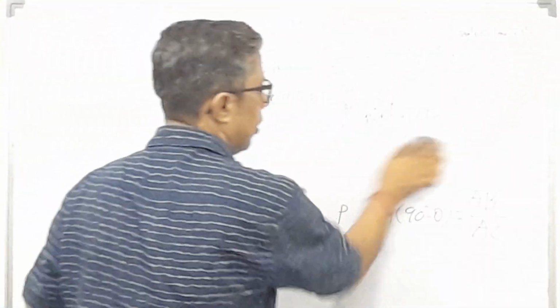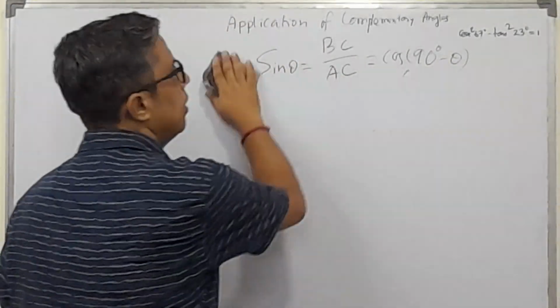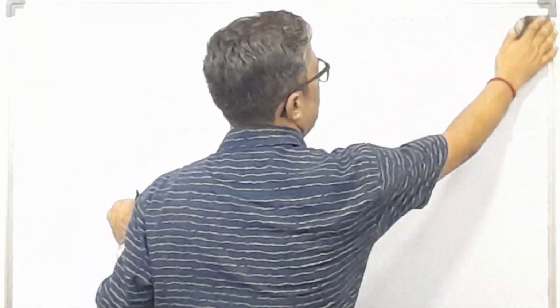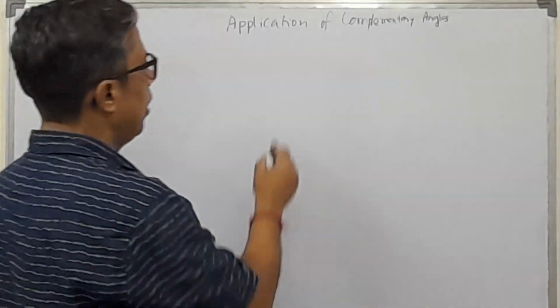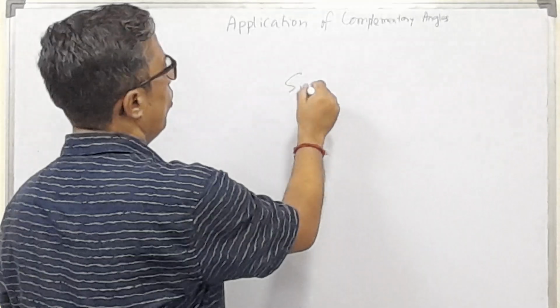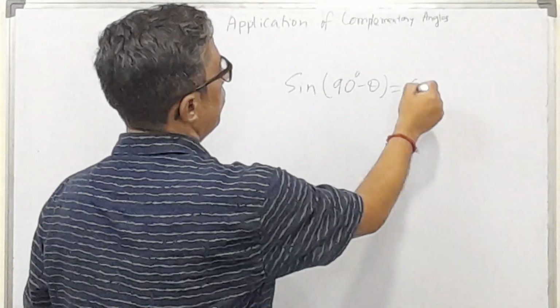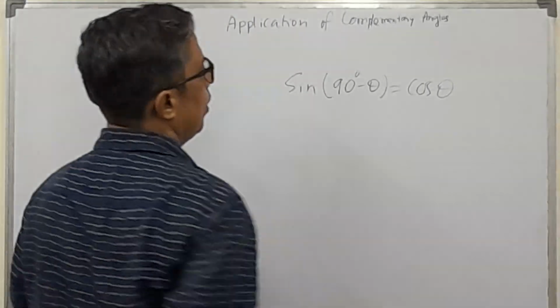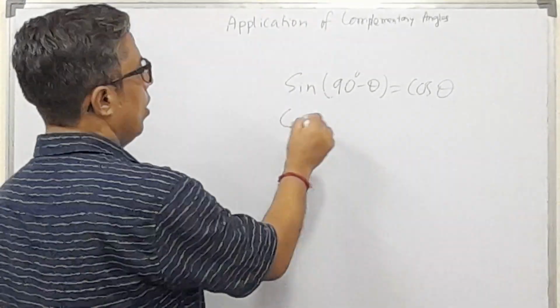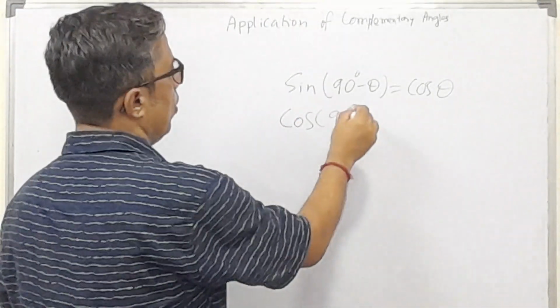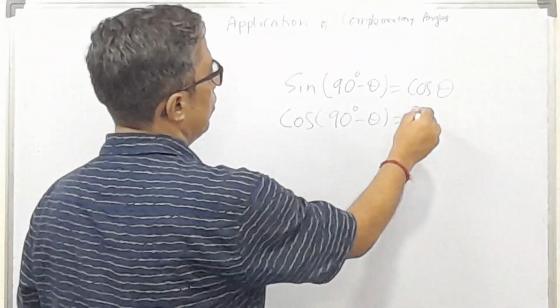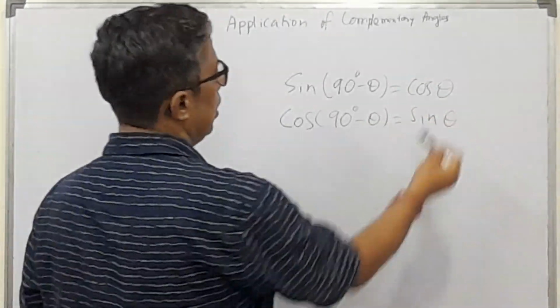Now I think it's clear to you. Let me write it down again. Sine of 90 degree minus theta is equal to cos theta. Similarly, cos of 90 degree minus theta is equal to sin theta.